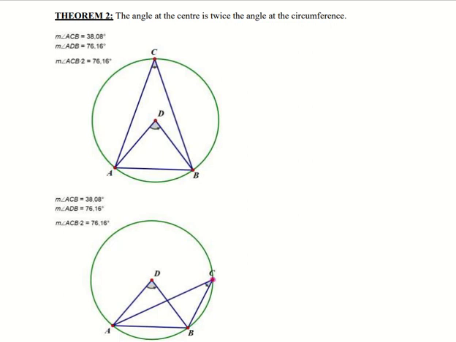This is the proof that the angle at the center is twice the angle at the circumference. In the previous video we investigated what happens if we take a chord and subtend an angle at the circumference, and use the same chord to create an angle at the center.